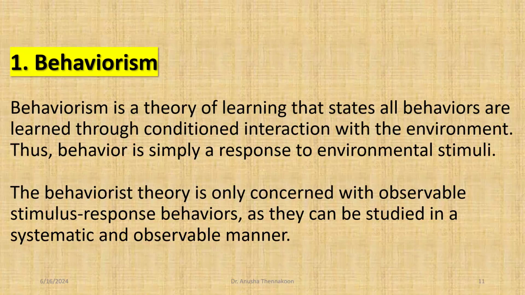The behaviorist theory is only concerned with observable stimulus response behaviors, as they can study it in a systematic and observable manner. So human beings have different behaviors. Some behaviors are observable, we can see them. Some behaviors are not observable.